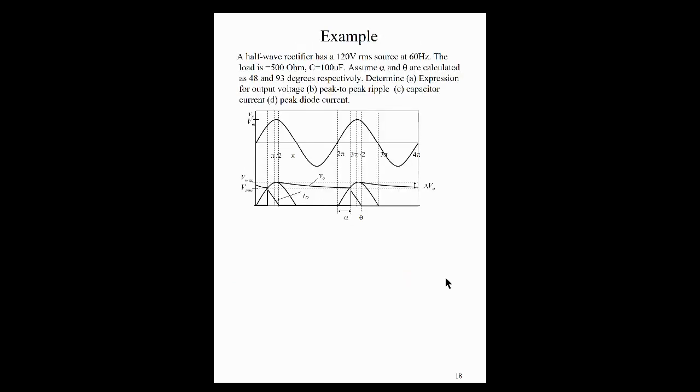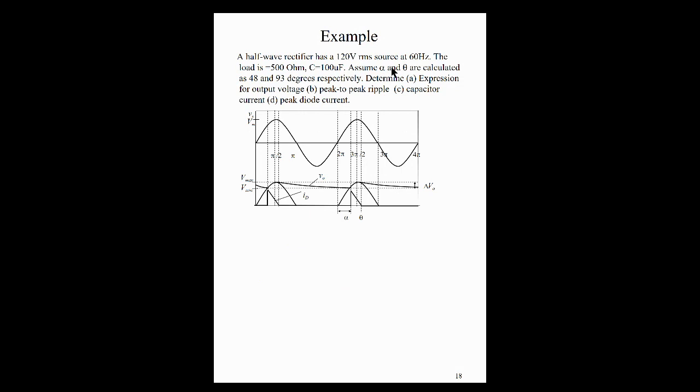All right, so we can look at an example, right? So what kind of questions you could be asking this? Here we have a half-wave rectifier, has 120 volts RMS source at 60 hertz, and the load here is going to be 500 ohms. Your capacitor is 100 microfarad.